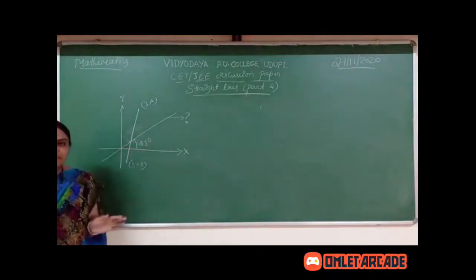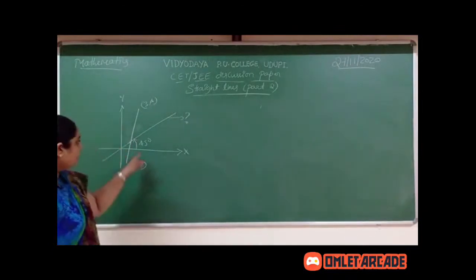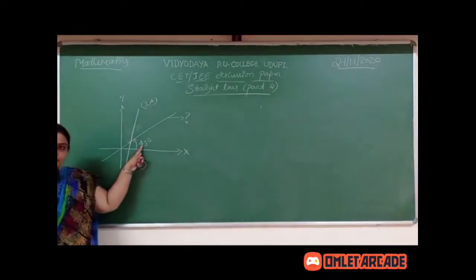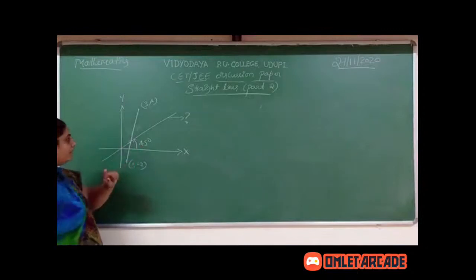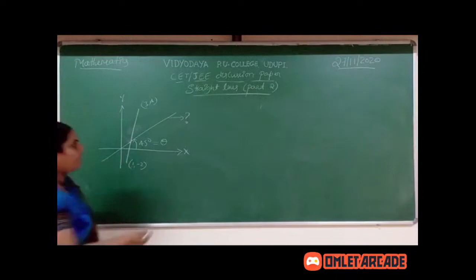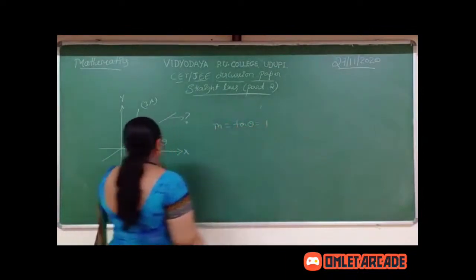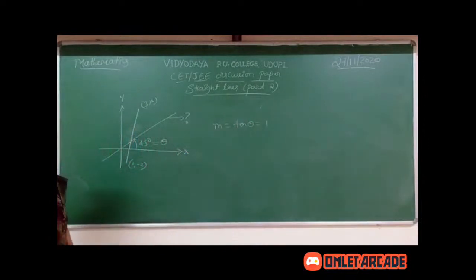So, to find the equation of this line, I need minimum a point and a slope. Already we have the slope, see, 45 degrees, isn't it? We have the theta value, easily you can find the slope. Can I find slope as tan theta, tan 45 degrees, 1, isn't it? We have the slope. The only thing is I have to find a point on the line.